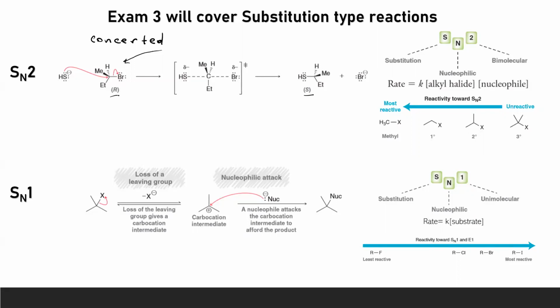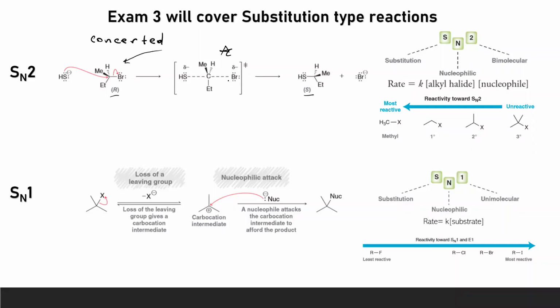Now, the reason why these reactions will typically occur on primary and methyl substrates, and in some cases on secondary substrates, is because of steric interactions. That's one way to look at it. If you look at the transition state here, you have a species that contains both the incoming nucleophile and your leaving group.